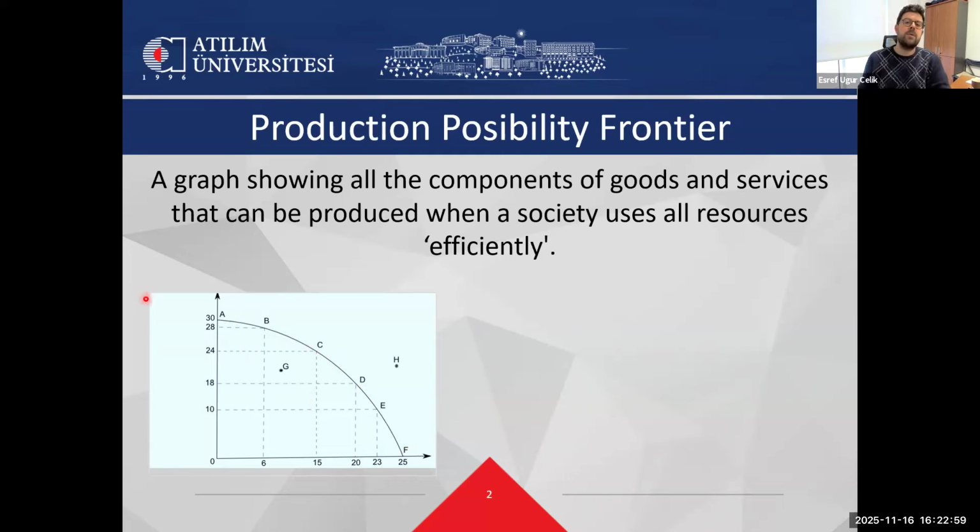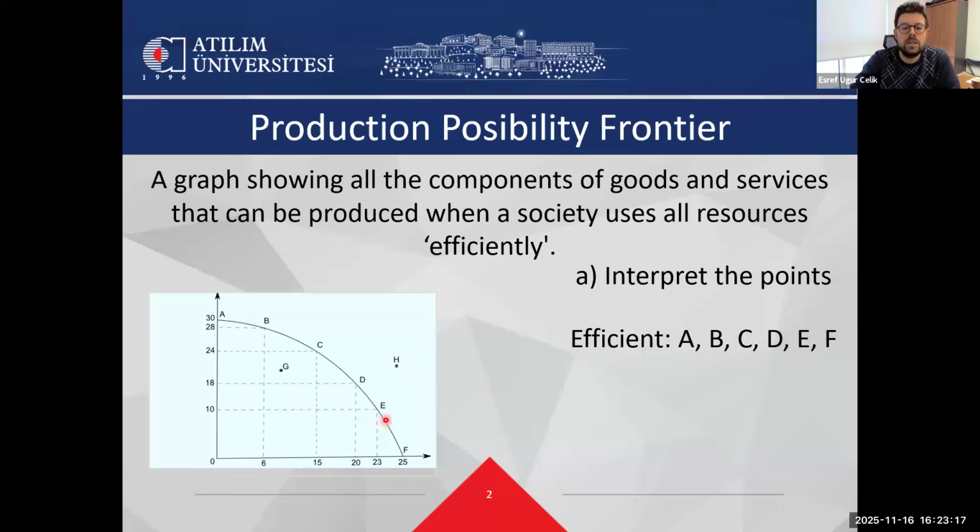The first type of question is to interpret the points on the PPF. If you are on the production possibility frontier curve, that means you can use resources efficiently. That's why we call these dots efficient.